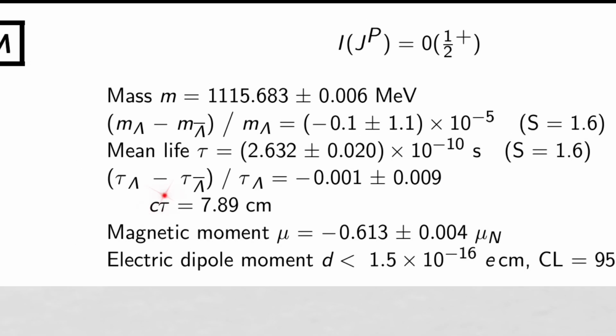The lifetime of the particle times the speed of light is 7.89 centimeters. I guess that's about as far as you can expect this particle to go, although that's not exactly true because, of course, this is the proper time. I'm not sure how these particle physicists use this number, but it's the speed of light times the proper lifetime, meaning the lifetime of the particle in the rest frame of the particle.